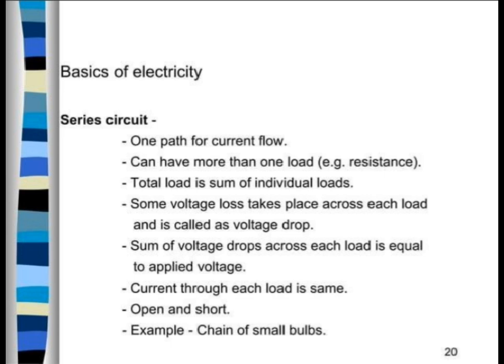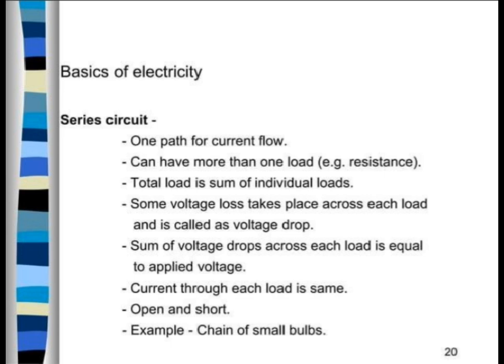So, basic of electricity. A series circuit is an electrical circuit where components are connected end to end, forming a single path for the current to flow. One path for current flow can have more than one load, for example, resistance. The total load is the sum of individual loads.